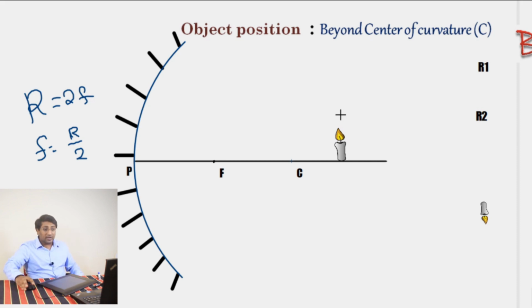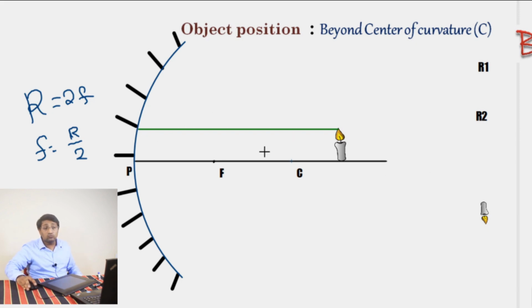We are also picking the tip of the flame as the point that is emanating all these rays. So let's start with the tip, and from there I'm drawing a line parallel to the principal axis, and let's think that it's hitting the mirror at that particular location.